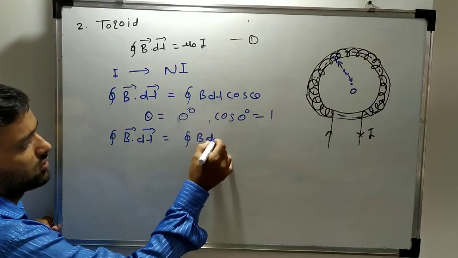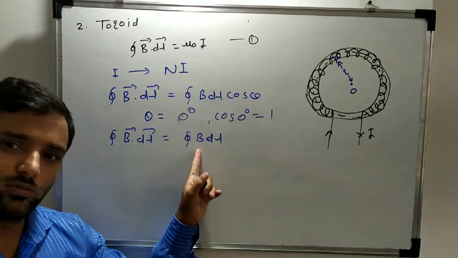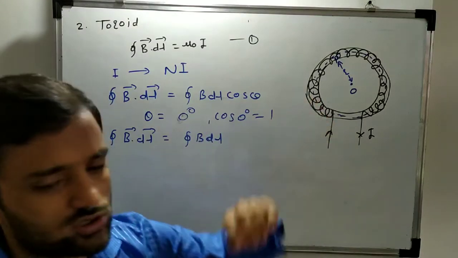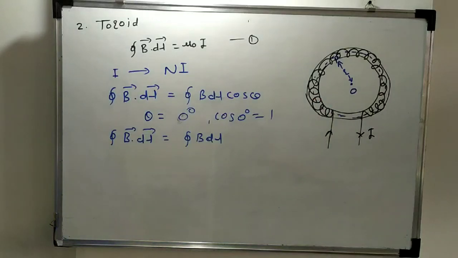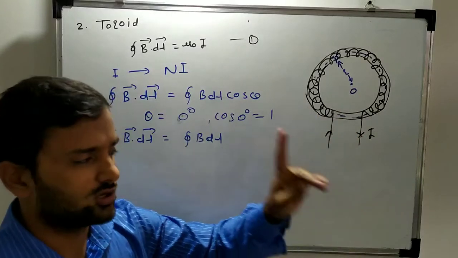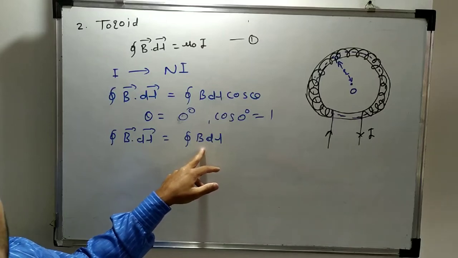There is no cos theta, because cos theta becomes 1. The magnitude of the magnetic field produced here is constant, because we are not changing the magnitude of the current flowing through the toroid. If the current flowing through the toroid is constant, then automatically the magnetic field produced across the toroid is constant.